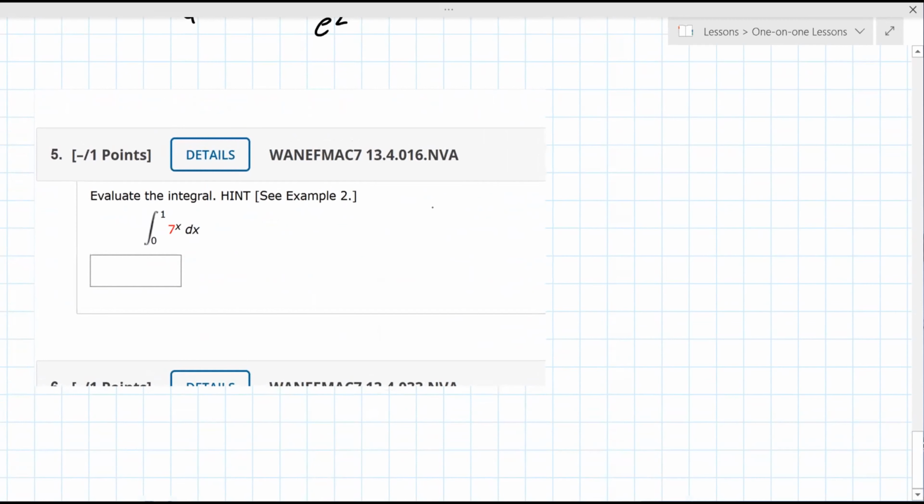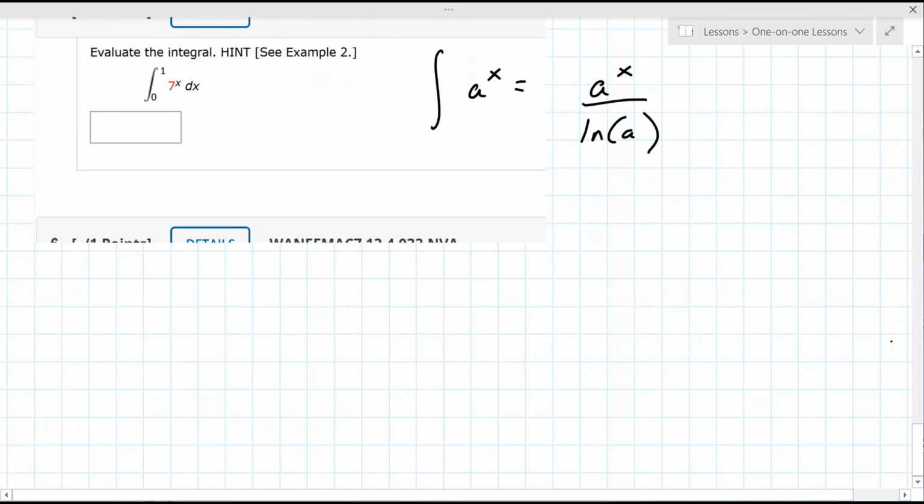So the integral of a number to the x equals that number to the x over the natural log of that number. You have to know this. There's no other way to do this problem if you didn't know it. This one you have to memorize. This becomes 7 to the x over natural log of 7 evaluated from 0 to 1.